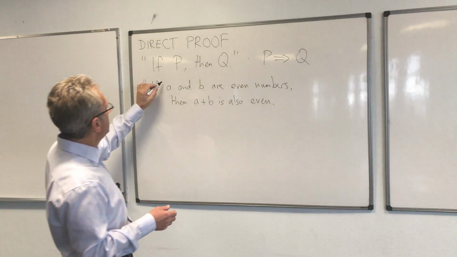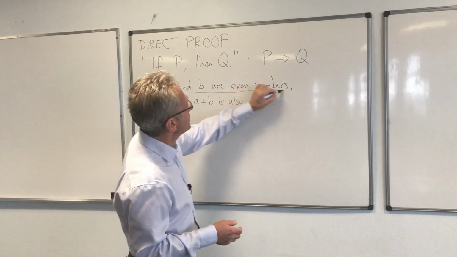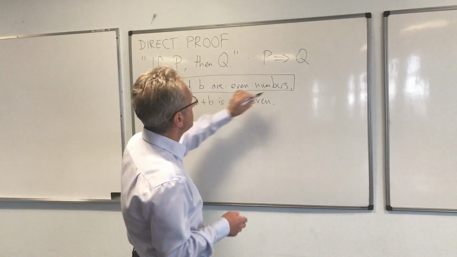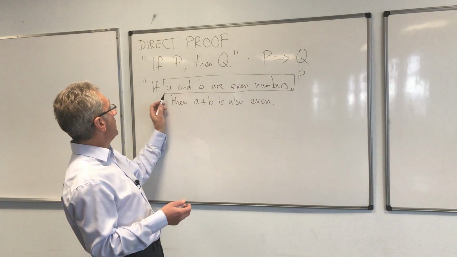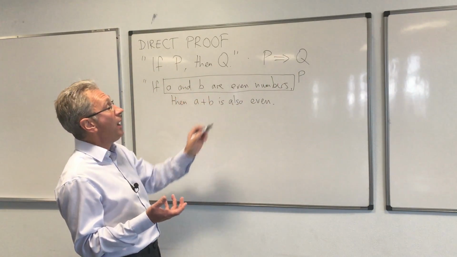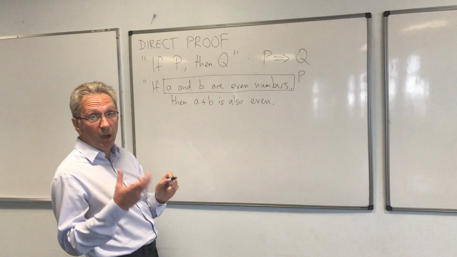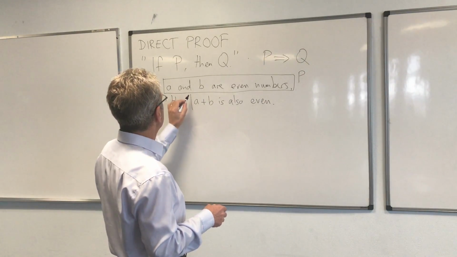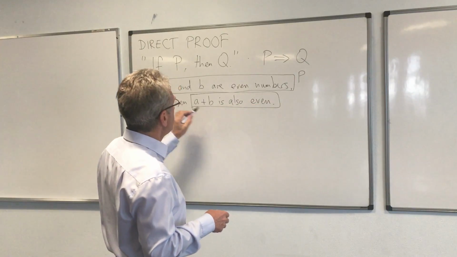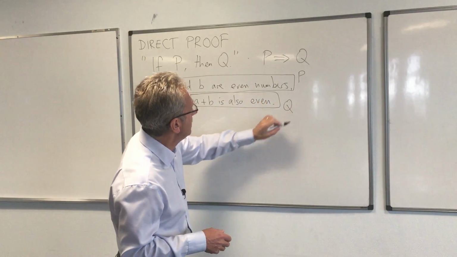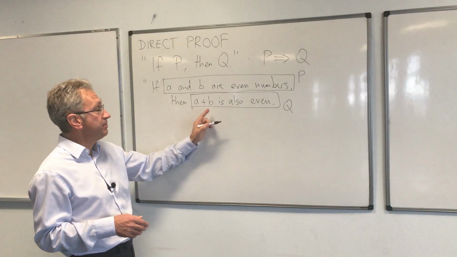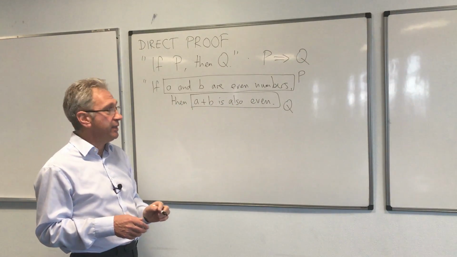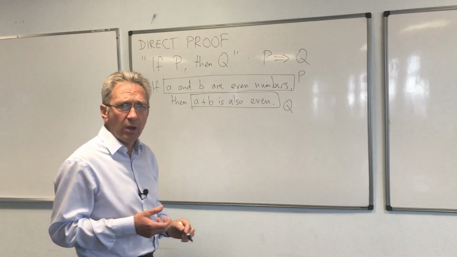So here, this part of the statement is playing the part of P. That's what we're assuming. That's what we're given. A and B are even numbers. Given that A and B are even numbers, and this is playing the part of Q, this is what we're trying to prove, that A plus B is also an even number. How are we going to go about this?